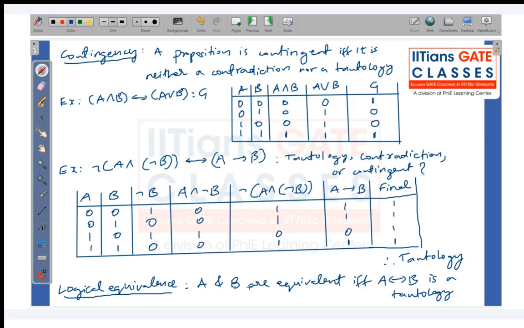In natural language, if I say A and B are equivalent, what does that mean? If two propositions are equivalent, then what can I say about the truth values?